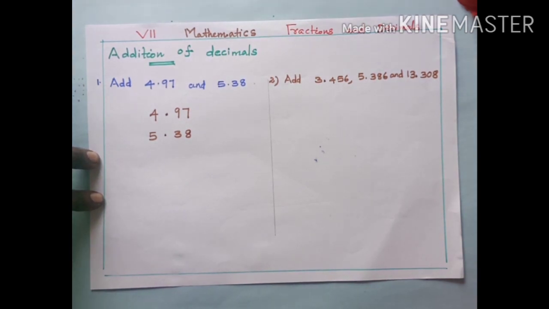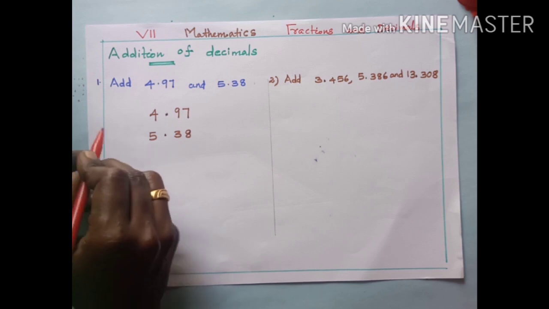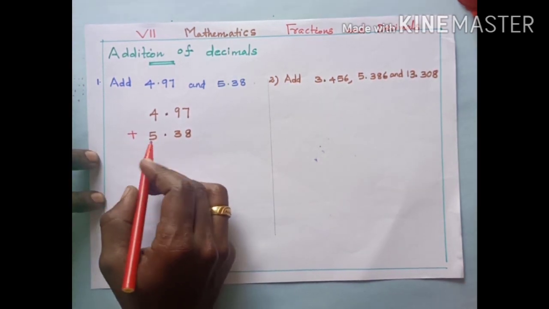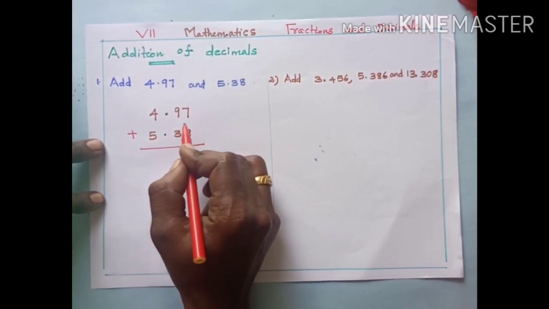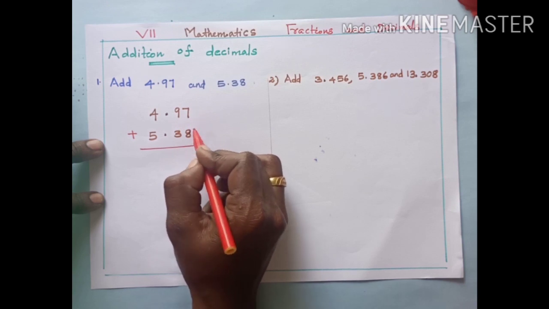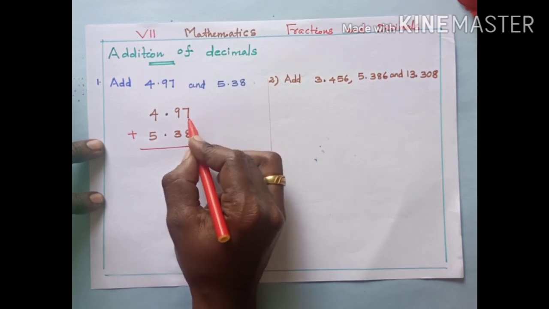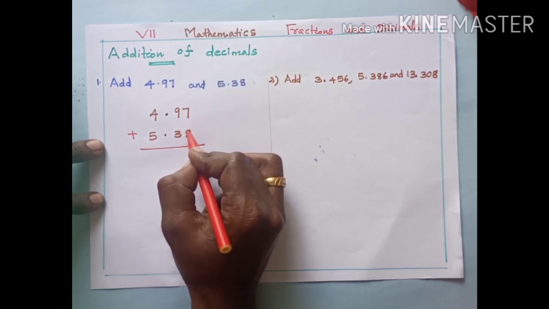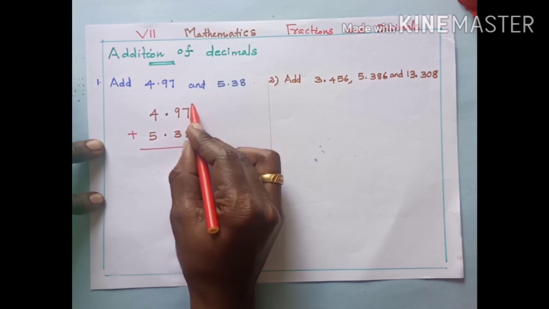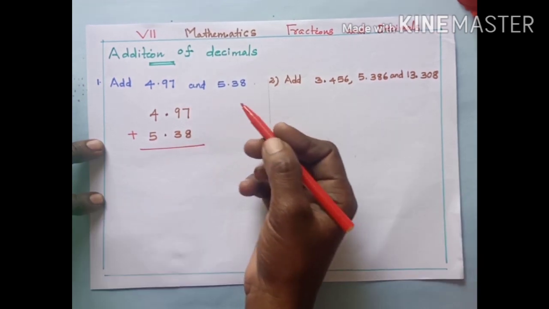Then adding, the digits having the same place value should be in the same column. So adding here, this is in the hundredths place.